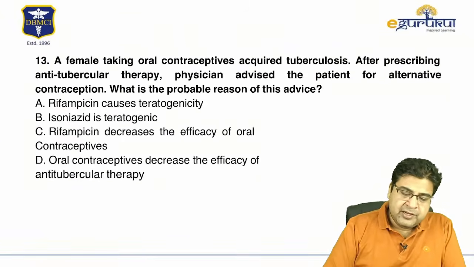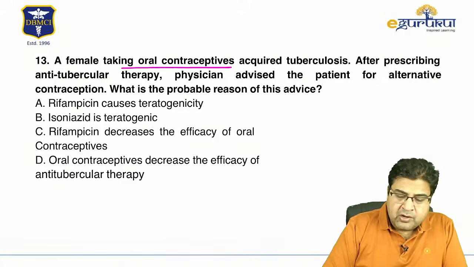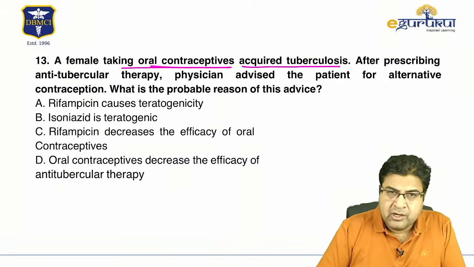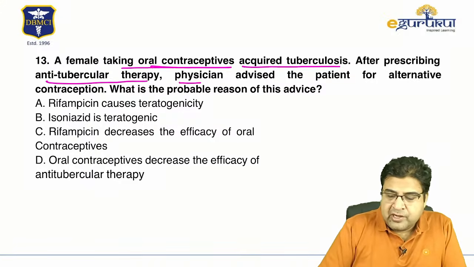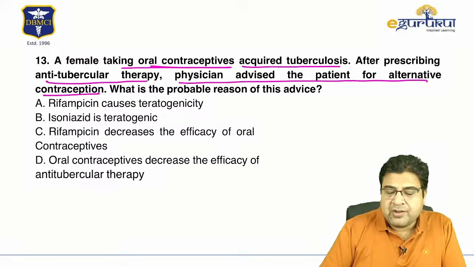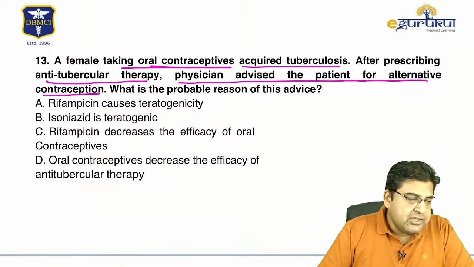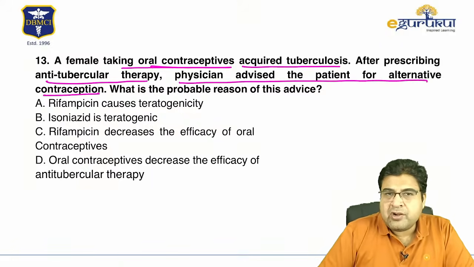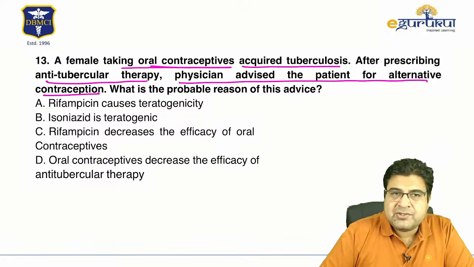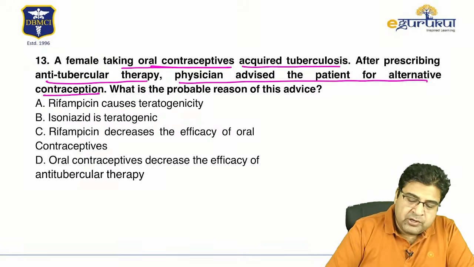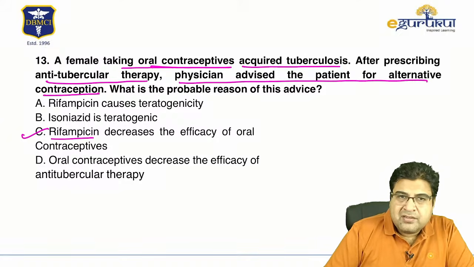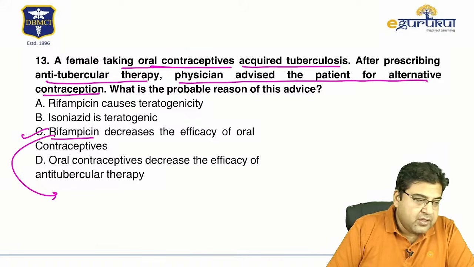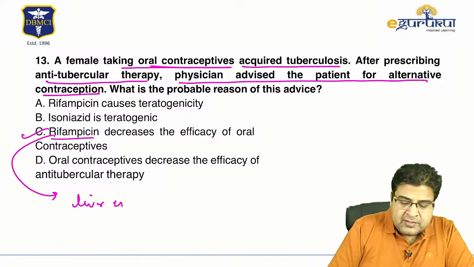Now question number 13, a female taking oral contraceptive, she acquired tuberculosis. Now after anti-tubercular therapy, physician advised the patient for the alternative contraception. Why has the physician said so? Because in anti-tubercular drugs, we have rifampicin, and rifampicin is a liver enzyme inducer.